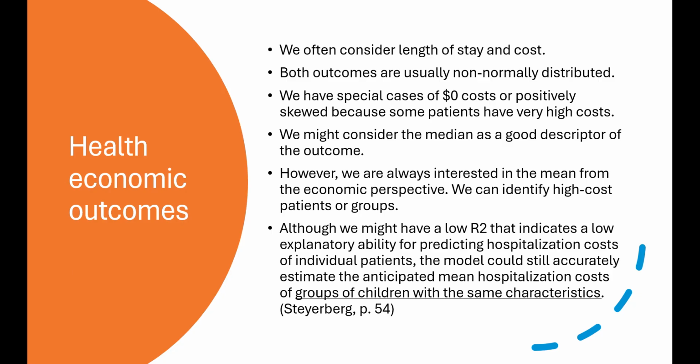So when we have an R-square, we have different levels of R-square. A very high R-square, such as 0.80 and higher, can be used to provide individual predictions. But we often don't see that with intervention studies. What we usually see are low to mid-level R-square values.